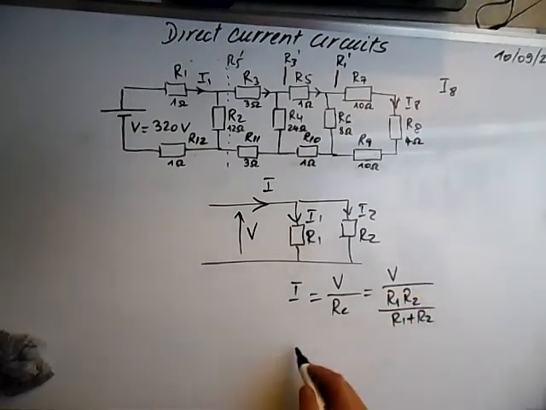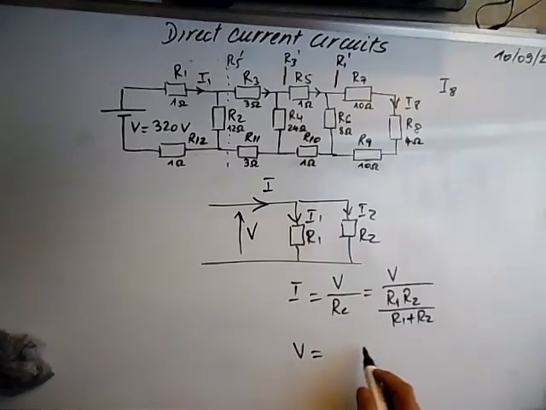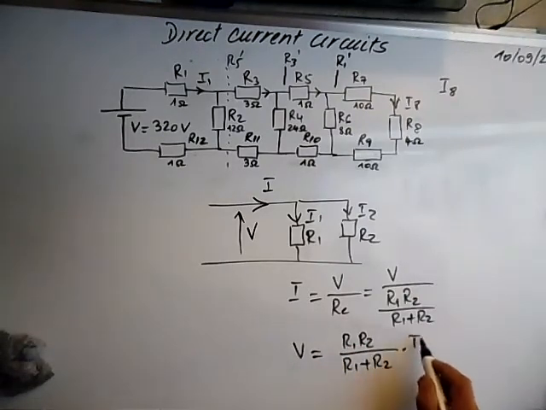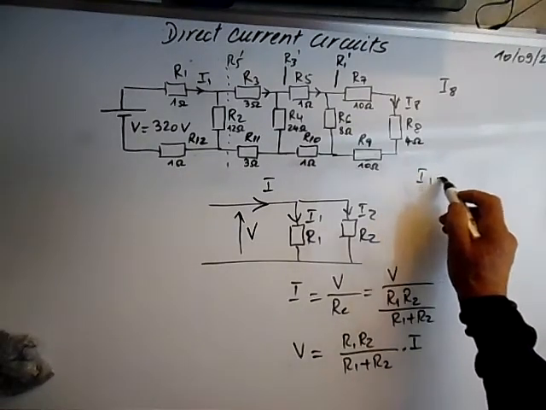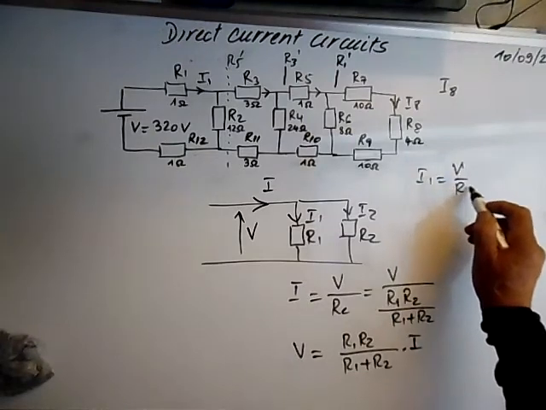So V is equal to R1 times R2 over R1 plus R2 times the main current. Remember that I1 is equal to V over R1.